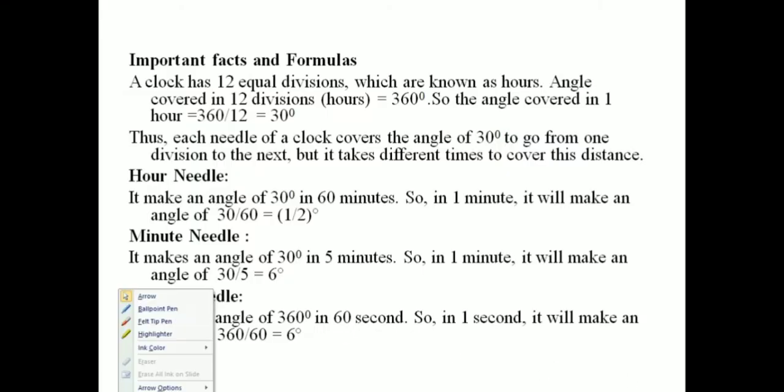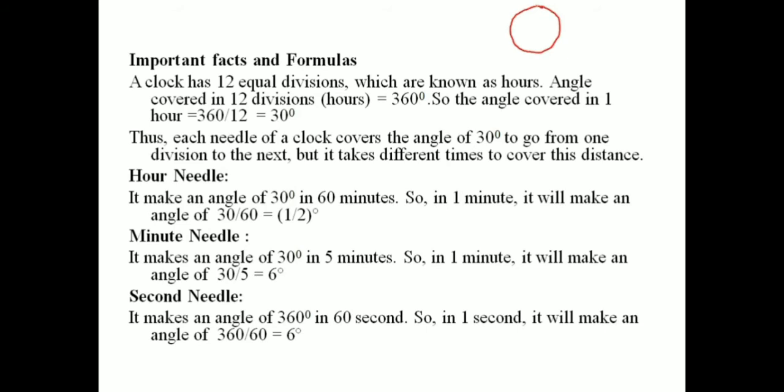A clock has 12 equal divisions, right? That we know, which are known as hours. The total angle covered in 12 divisions is 360 degrees, as we know that the clock is circular in shape. So 12, 3, 6, 9, and in between these, the total is 12 divisions, right?